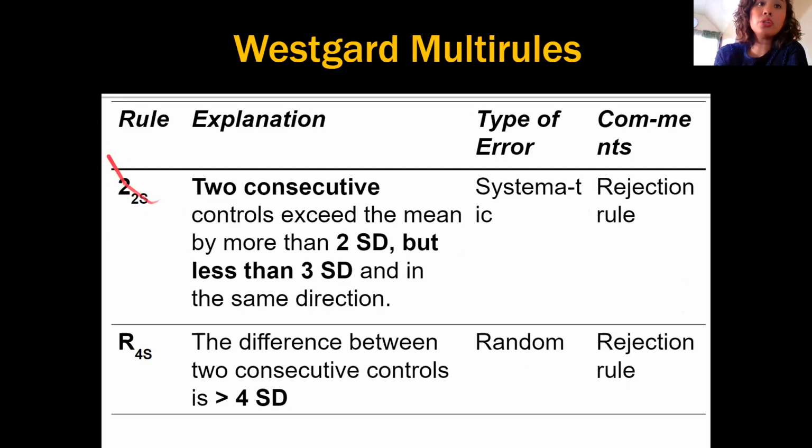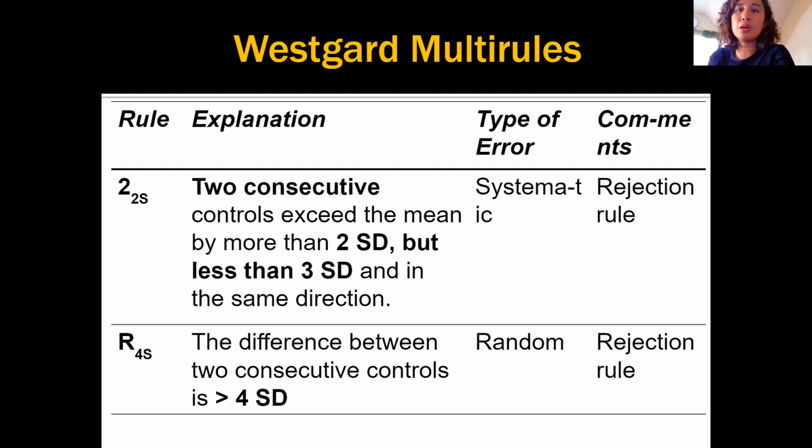2-2S. So, may dalawang consecutive na control na lumampas sa 2S, either positive 2S or negative 2S, reject na to, systematic error. R4S. So, the difference between 2 consecutive controls is 4S.